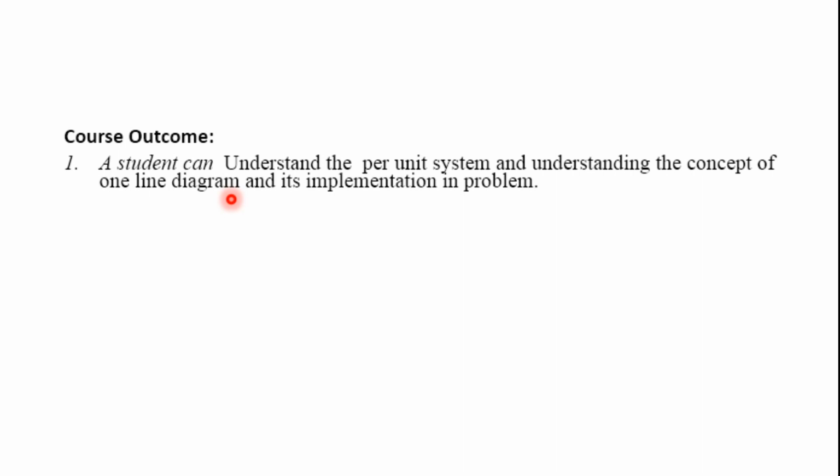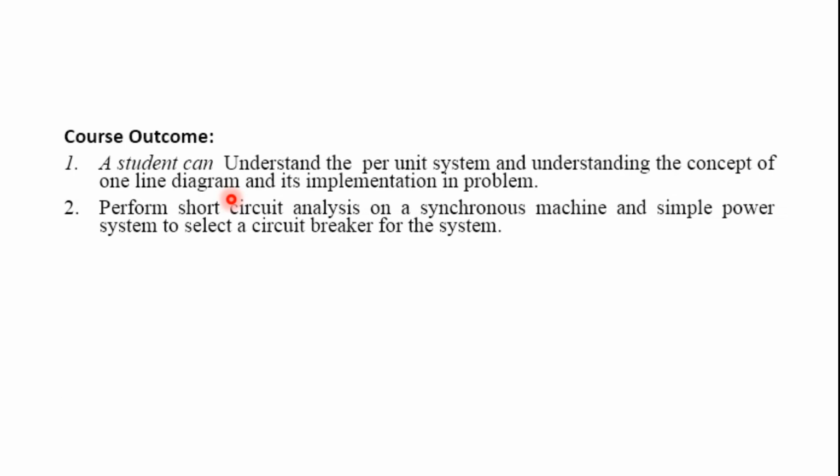So this is the first outcome from module 1. There are a lot of outcomes from this subject, so we made it based on the modules. There are a total of 5 modules in the syllabus.